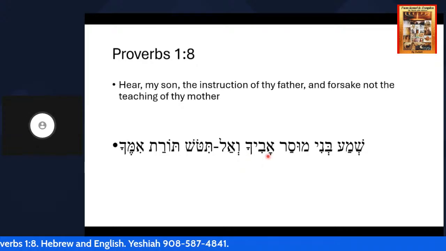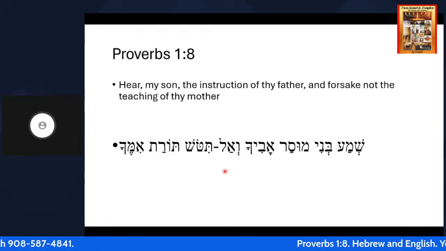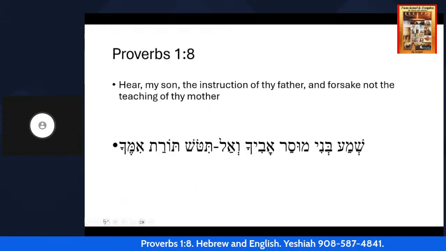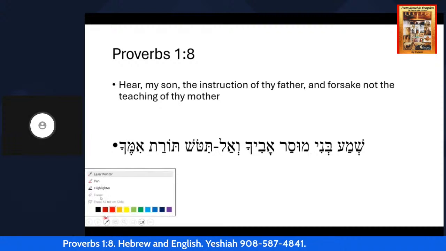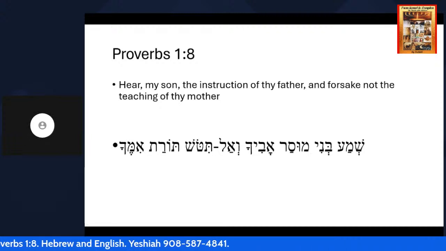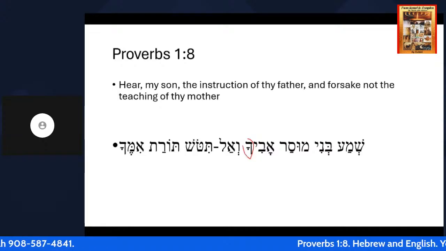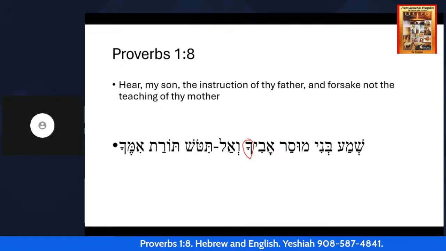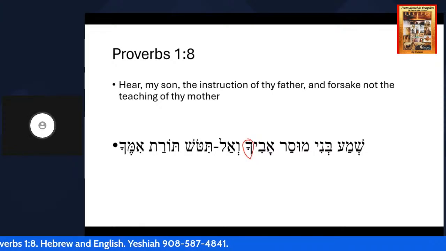Ab meaning father. This ka that you see at the end here, remember, in Hebrew goes from right to left. Let me circle what I'm talking about, because we said we want to talk about the prefixes and the suffixes. When we look at this and see what's being circled there, that ka at the end of that word, brothers and sisters, signifies your, whatever that word is.